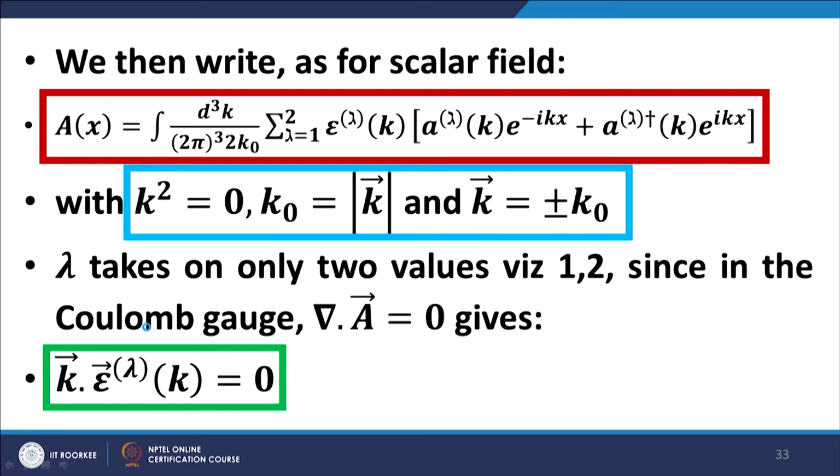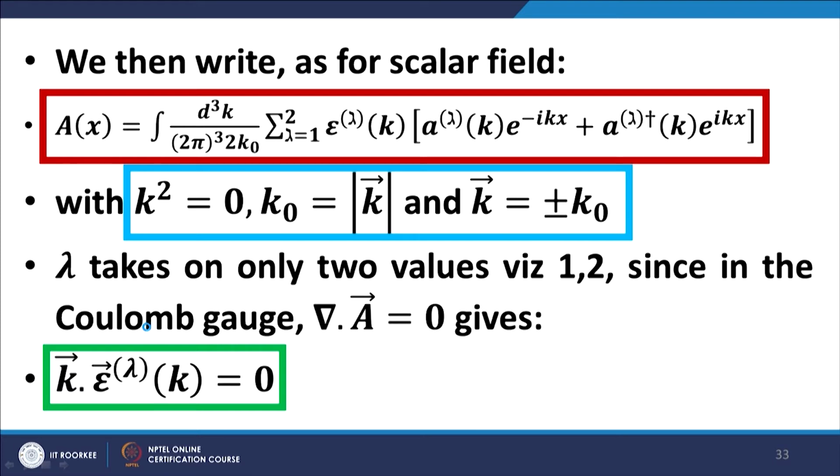as in the case of the Klein-Gordon equation for the scalar field, as shown in the red box here. In this case, because the mass is 0, k squared will be equal to 0, k 0 will be equal to mod of k, and the spatial k will be equal to plus minus k 0, and lambda can take only two values, 1 and 2, since in the Coulomb gauge the divergence of the spatial A gives 0, and that gives the condition required in the green box with k.